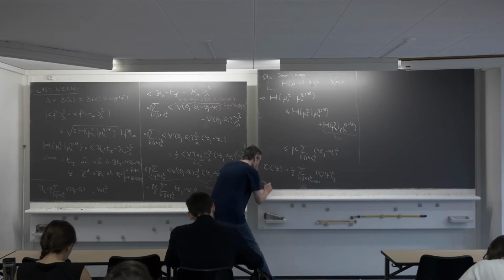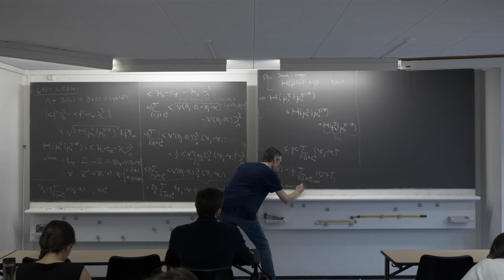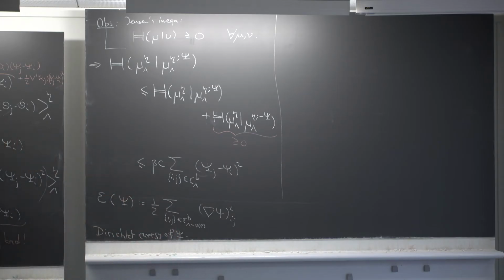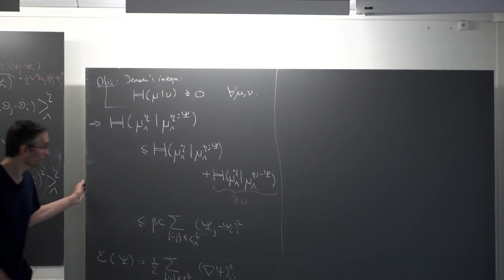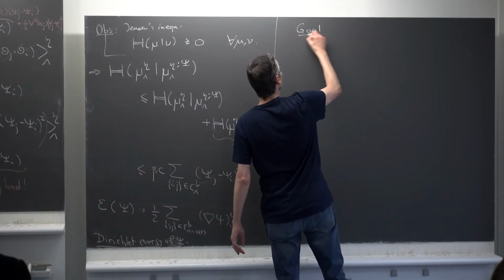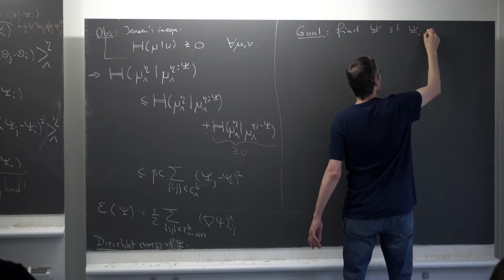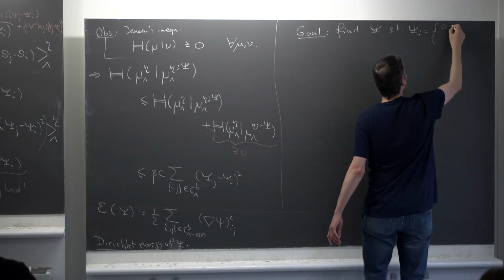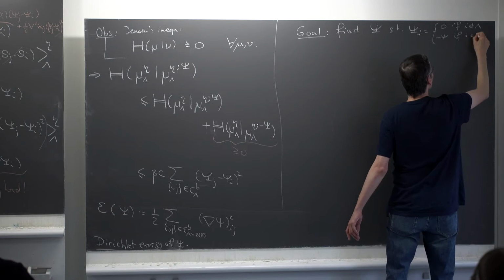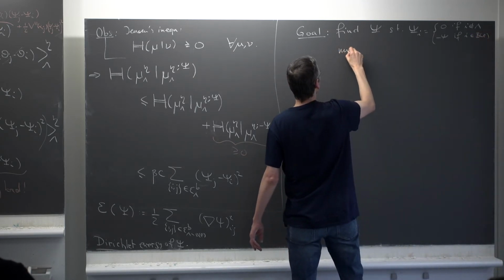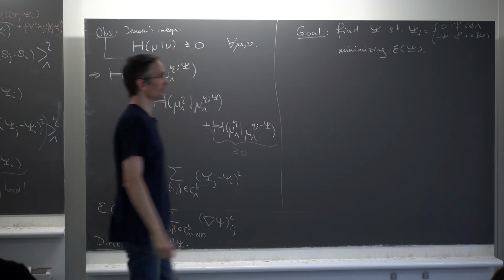This is called the Dirichlet energy of psi inside this set lambda minus BL. So what we want, the goal, is to find psi such that psi I is equal to 0 if I is not in lambda, minus small psi if I is in BL, minimizing the Dirichlet energy.